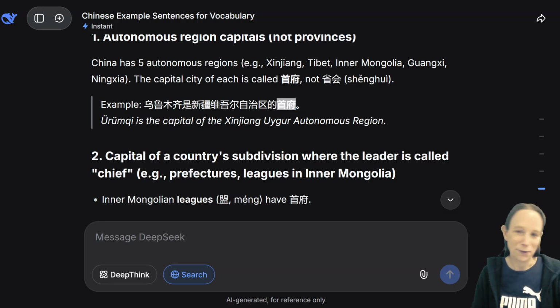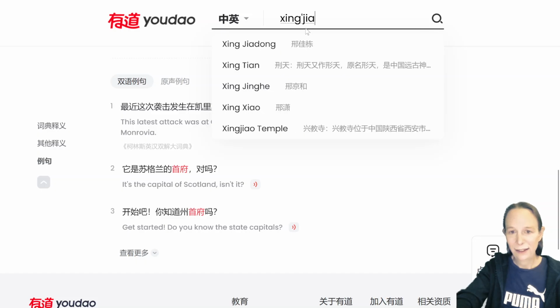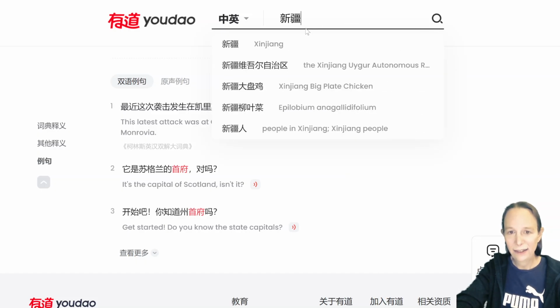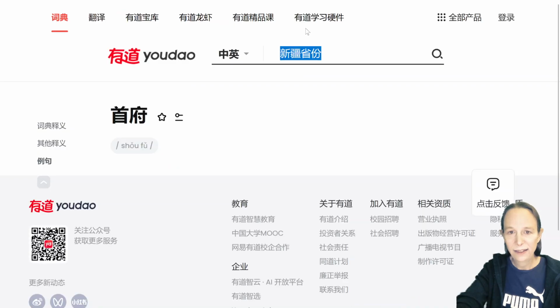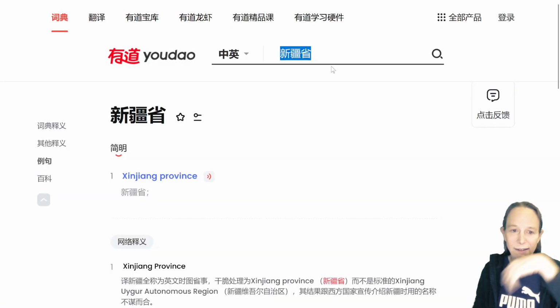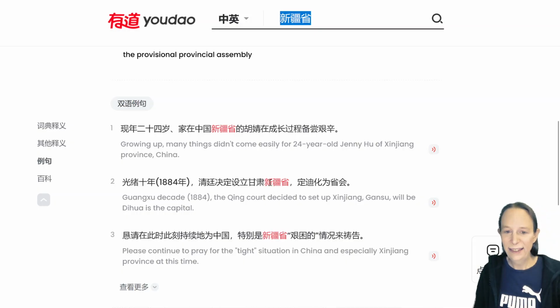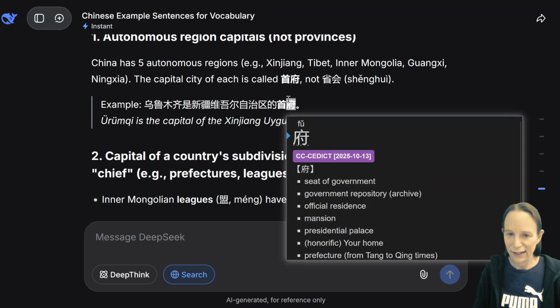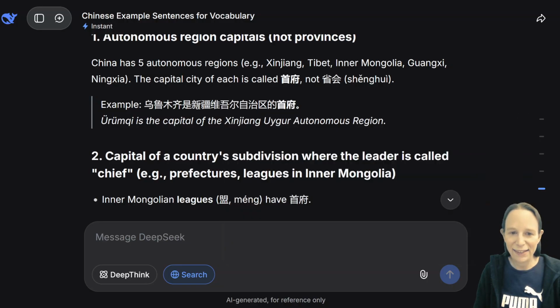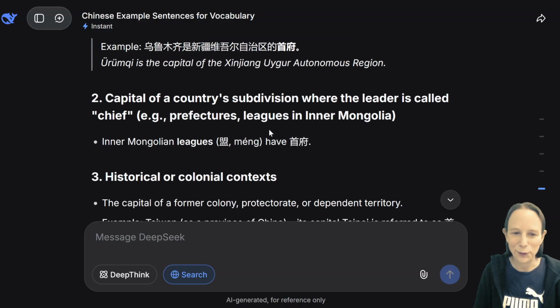You say Xinjiang province, right? 省份. Xinjiang 省份. Yeah, 新疆省. So why? Or maybe this is the formal term and 新疆省 is technically wrong or something. I don't know the rules.